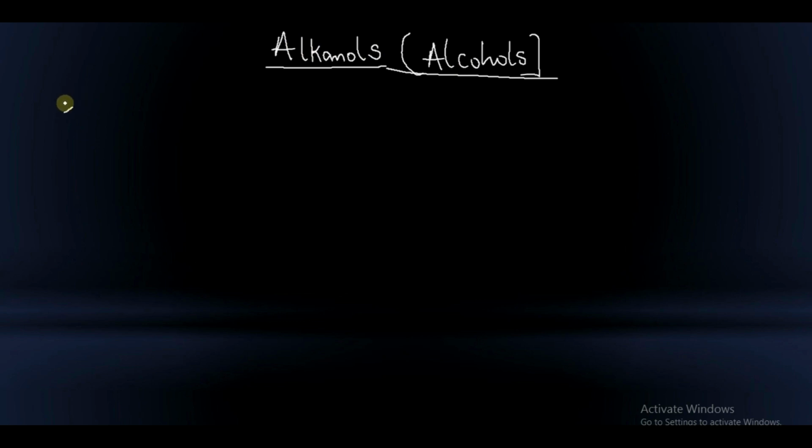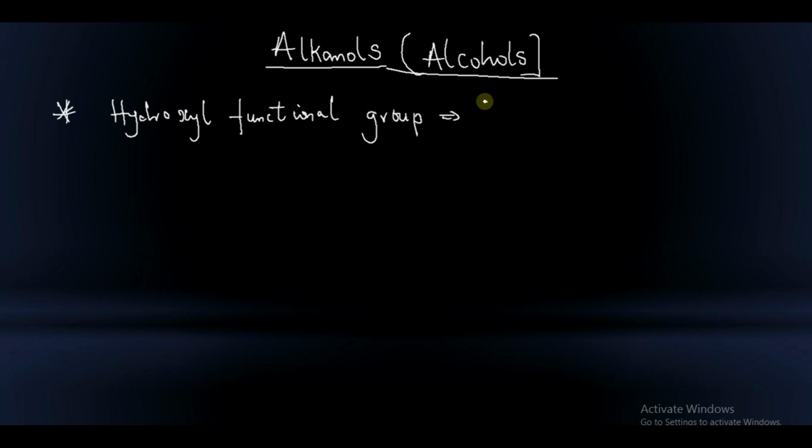So what are alkanols? Alkanols are a group of organic compounds that contain a hydroxyl functional group attached to a saturated carbon atom, and this hydroxyl functional group is written as OH.